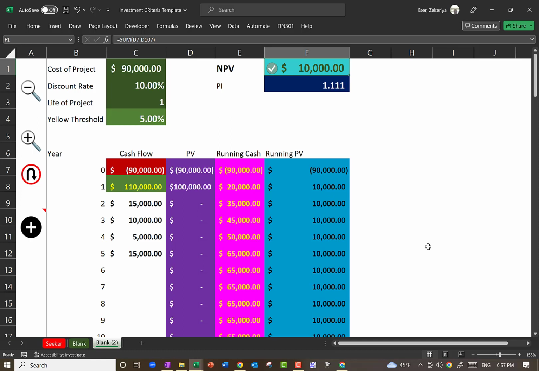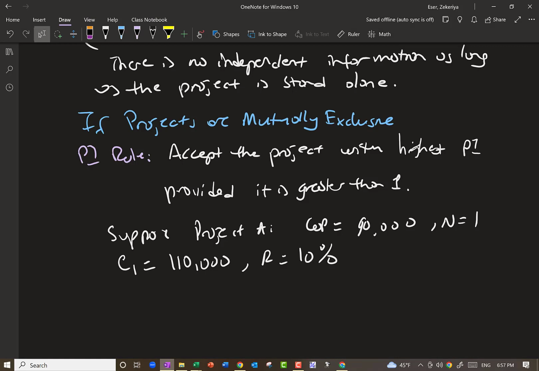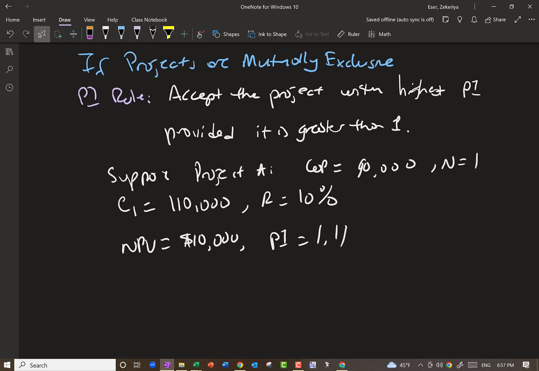And I constructed it so that NPV is going to be exactly $10,000. PI is 1.11, okay? NPV is 10,000. Good.